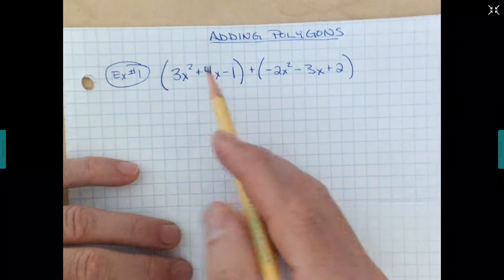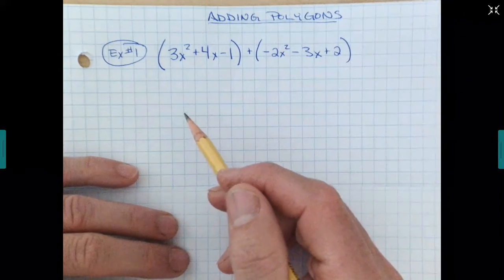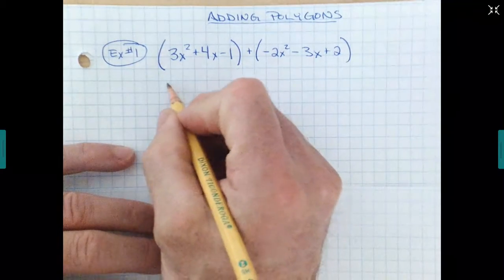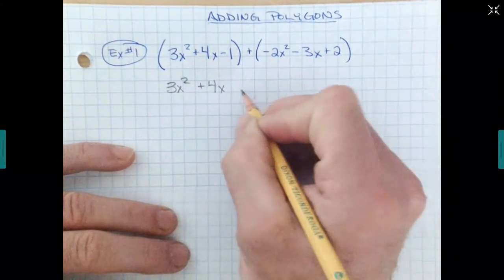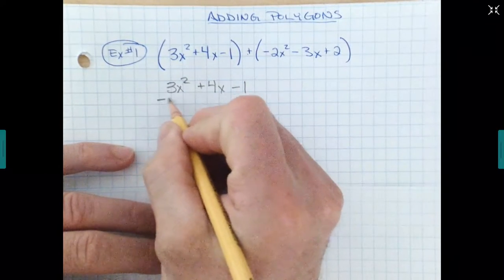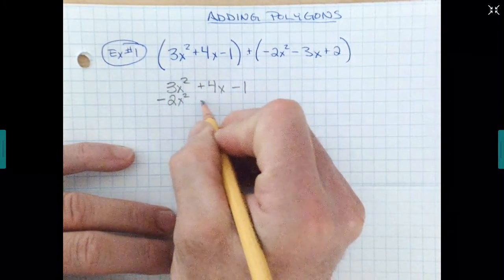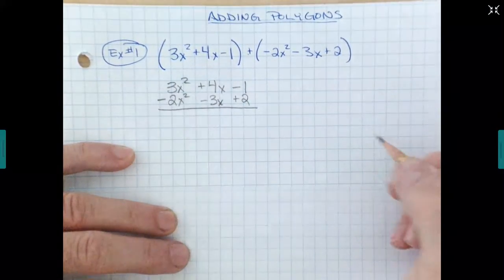What I'm going to do is line these up vertically because that makes it much easier to combine my like terms. So I've got 3x squared plus 4x minus 1, plus negative 2x squared minus 3x plus 2. There we go. Line up vertically.